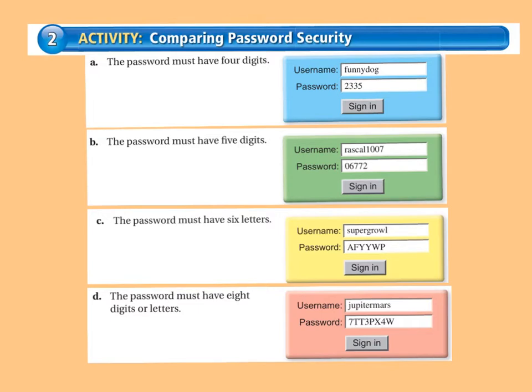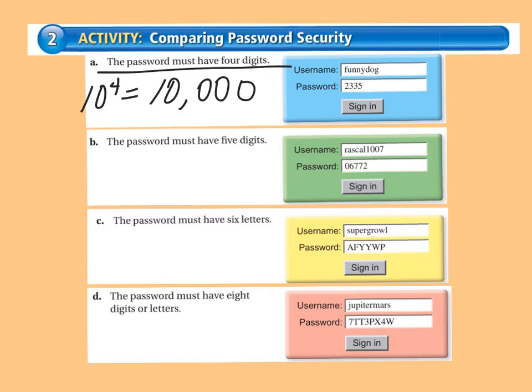So when we look at these 4 different setups, if you just simply have a password that's 4 digits, we know that the digits are 0 through 9, so that would be 10 to the 4th power or 10,000 possibilities. If we have a password that has to have 5 digits, that's a little bit more secure. That's 10 to the 5th power, which means we'd have 100,000 possibilities.